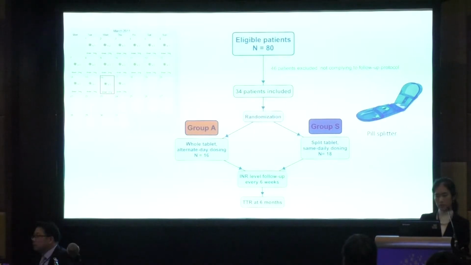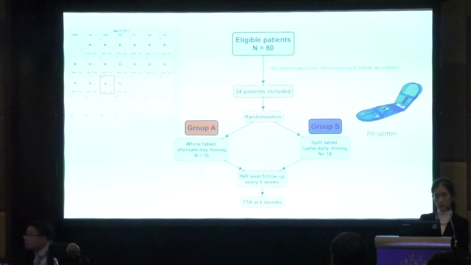80 eligible patients were asked for protocol consent. 46 patients were incapable of the 6-week follow-up protocol. 34 included patients were randomized into 2 groups. 16 patients in the alternate day whole tablet group were asked to use a drug calendar, and 18 patients in the split tablet group were taught to use the pill cutter.